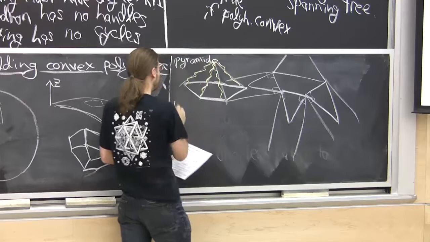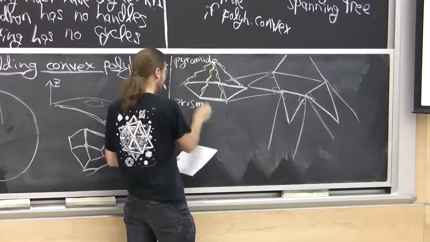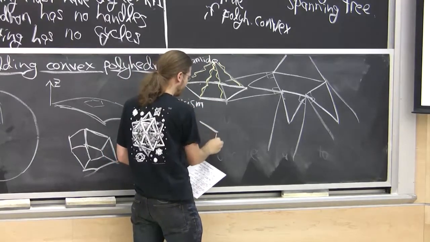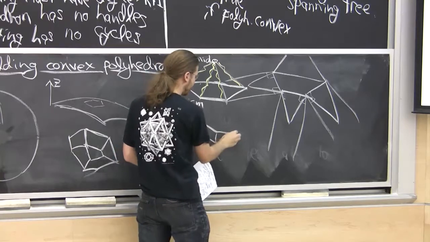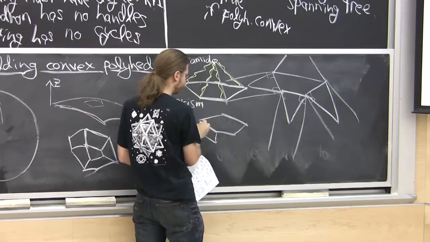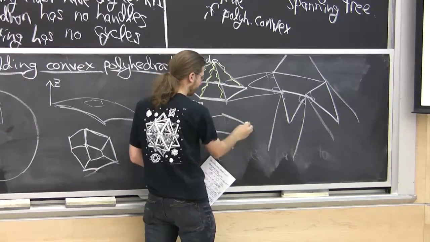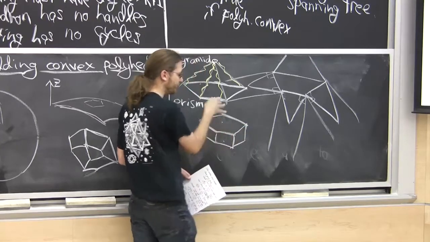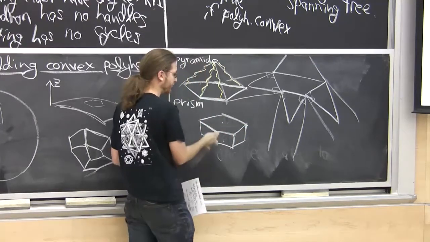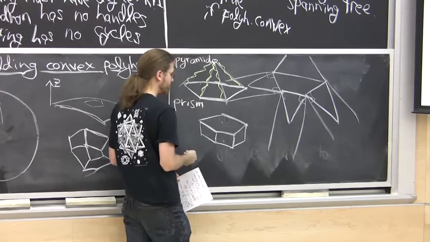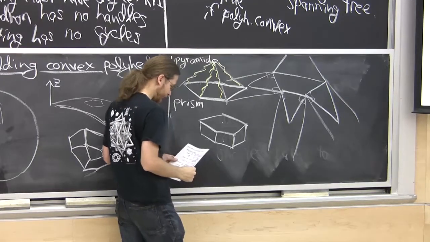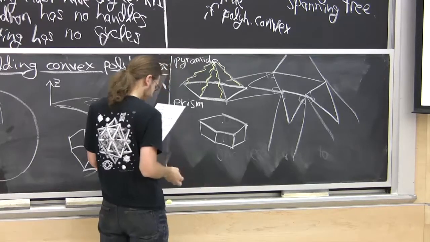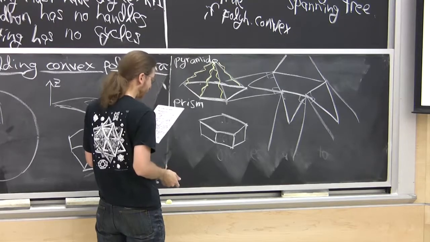Okay, prism. A little bit more interesting, but not by much. You take some polygon. Again, it doesn't have to be regular. But you take 2 copies of it vertically offset. Take the convex hull. This one you can cut in 2 ways.